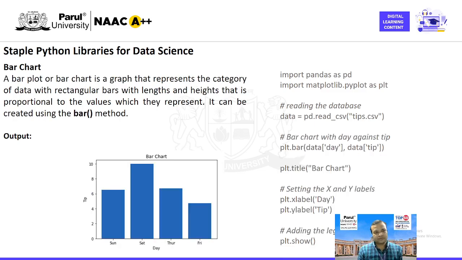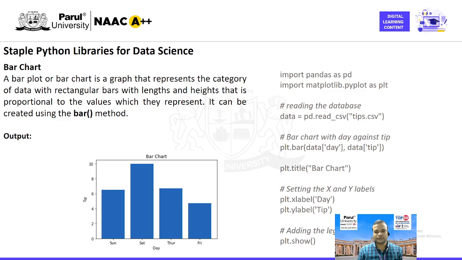Bar chart is also there. A bar chart, or you can say bar plot, is a graph that represents the category of data with rectangular bars with length and height that is proportional to the values which they represent. It can be created using the bar method.